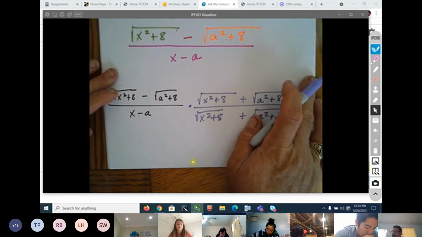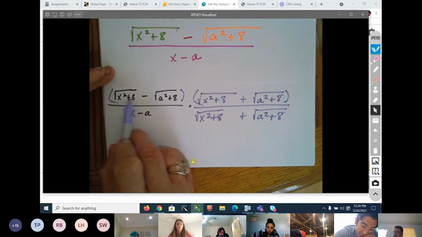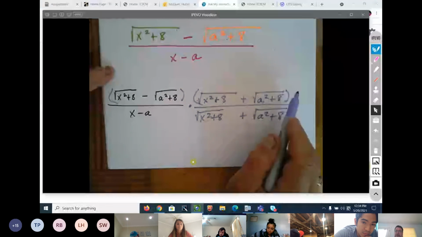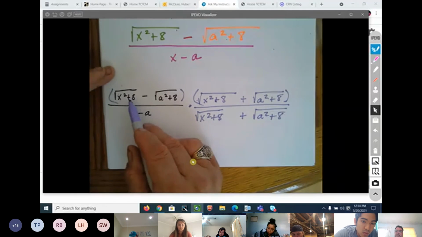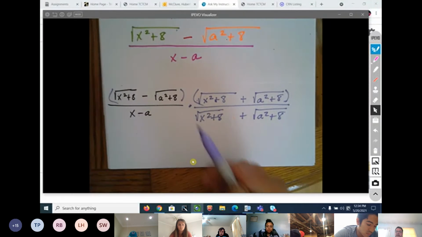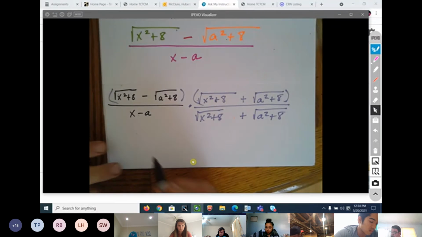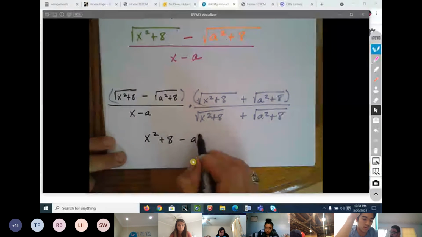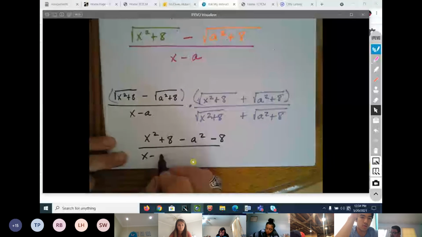And what will that do to the top? Because this is shortcut number 3. A minus b times a plus b is equal to a squared minus b squared, which would free up these radicands and get rid of the radical. So that's going to give us x squared plus 8 minus a squared minus 8 over x minus a times all that trash.